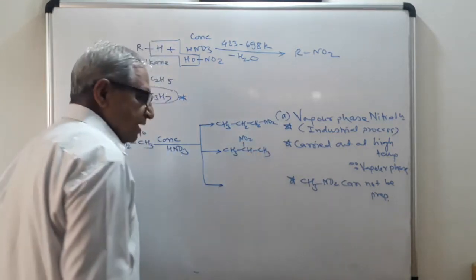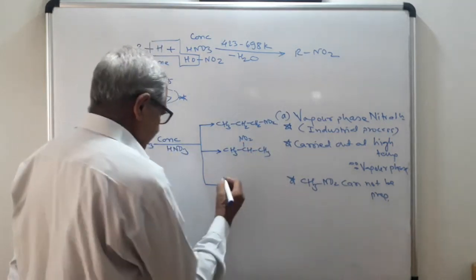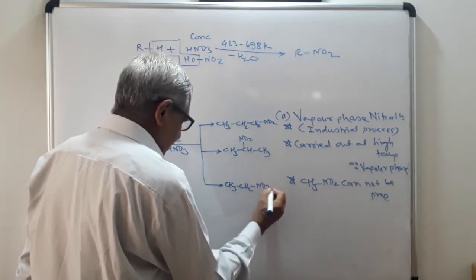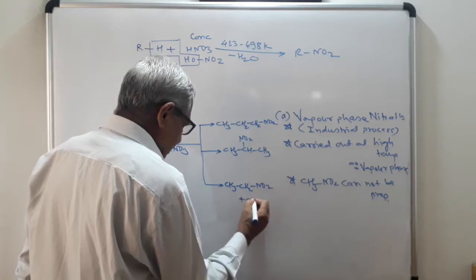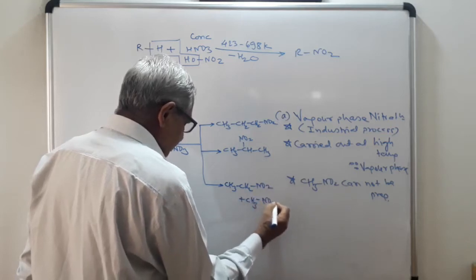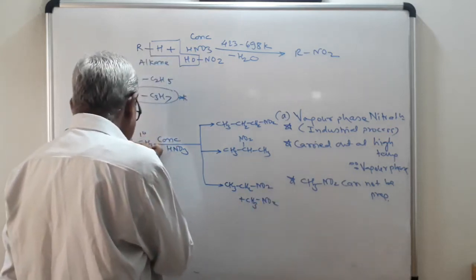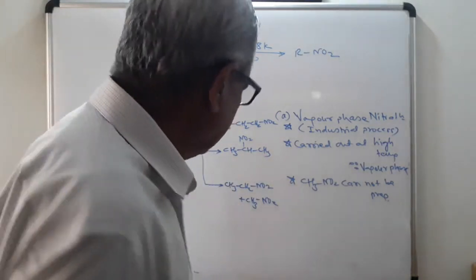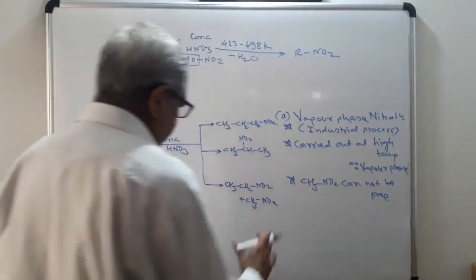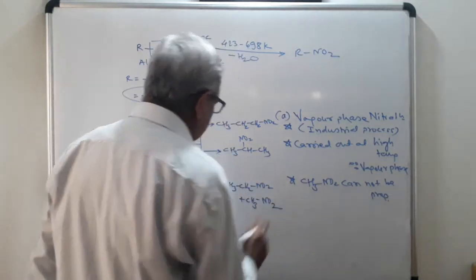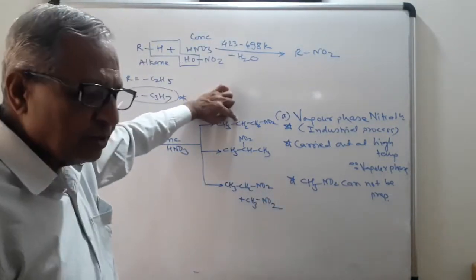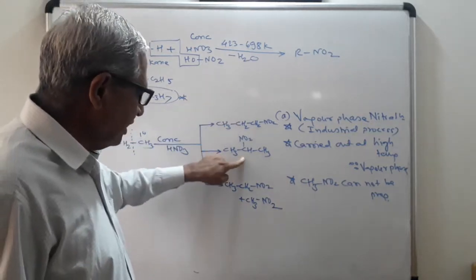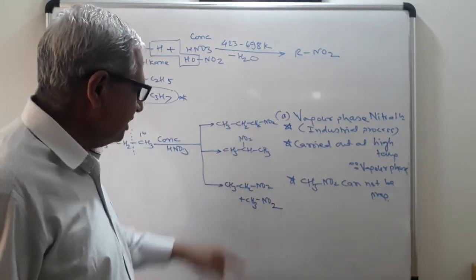As this reaction takes place at the high temperature, you will get the product CH3, CH2NO2 plus CH3NO2. During this reaction, cracking of the alkane will take place, that is into ethane and methane, and therefore you will get here the different products, that is nitroethane and nitromethane. See here, this is the 1 nitropropane, 2 nitropropane, nitroethane, nitromethane.